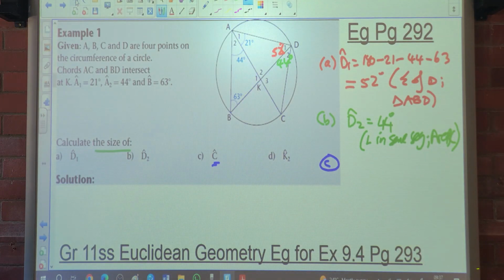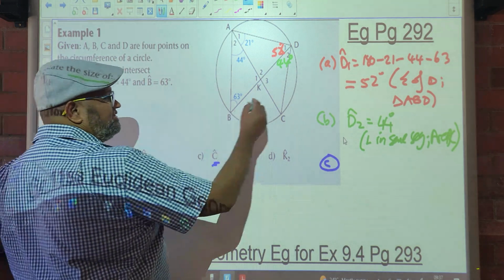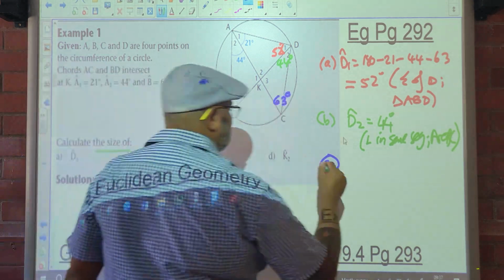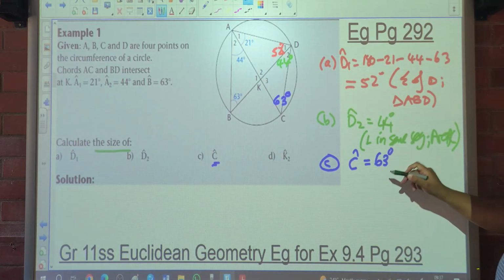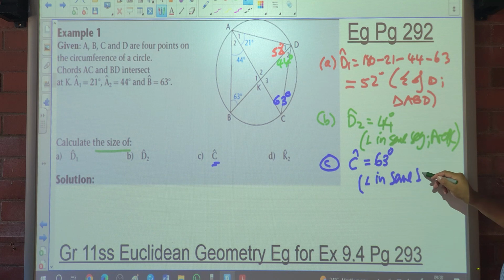So of course, angle C is equal to 63 degrees. Why? Angles in same segment, coming from arc AD. Do I have to write this here?